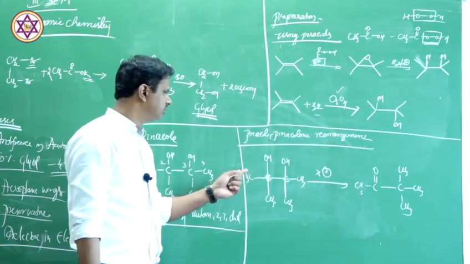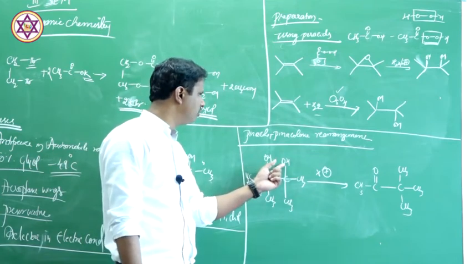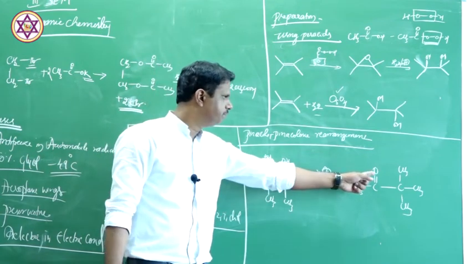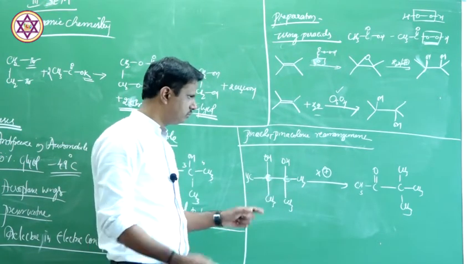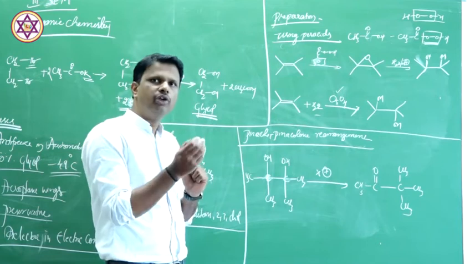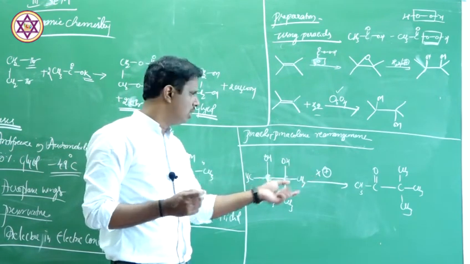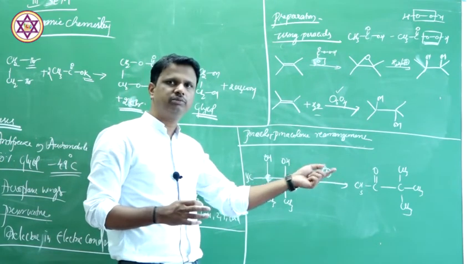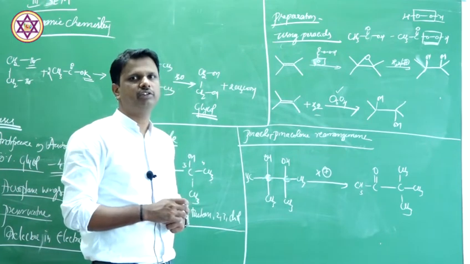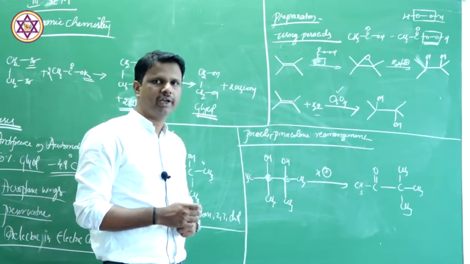That means this compound, pinacol, is converted: one of the hydroxyl groups, the alcoholic functional group, is converted into C=O, and one of the CH3 groups migrates to the other carbon atom. This is the reaction. Now we have to understand how this transformation took place. We have the same number of carbon atoms, but some sort of rearrangement takes place. We will understand that by writing the mechanism.